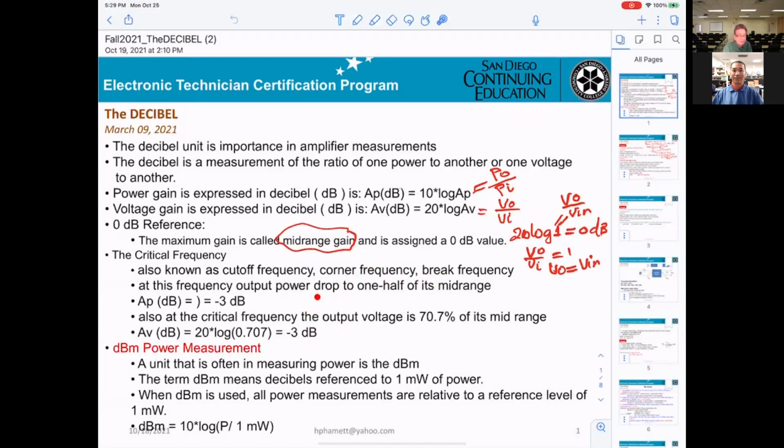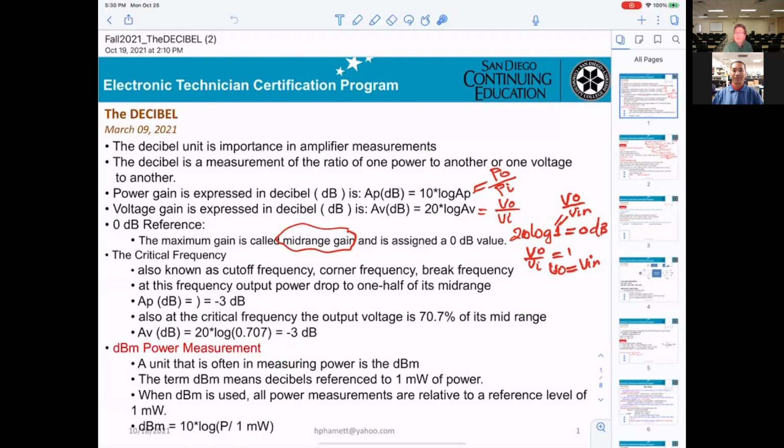And at this frequency, the voltage drops to 0.707 of mid-range. If you take 20 log of 0.707, you get minus 3 dB. So at the critical frequency, the output voltage goes down 3 dB.